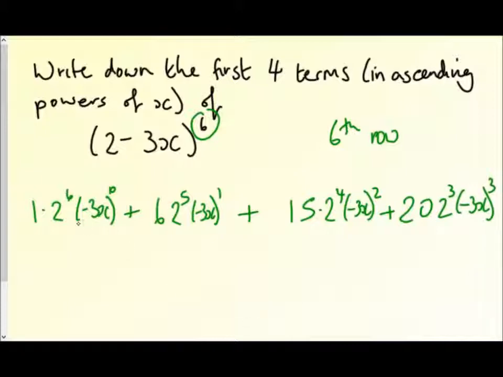Okay, so hopefully you've recognized that the powers of 2 are descending each time, the powers of x are ascending each time, and in fact another little visual check there is those two powers will always add up to 6. So what I need to do now is just simplify that, and then that will give me the expansion.